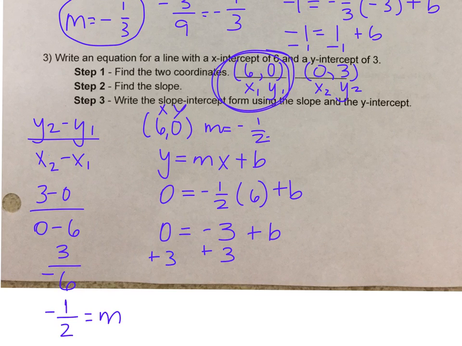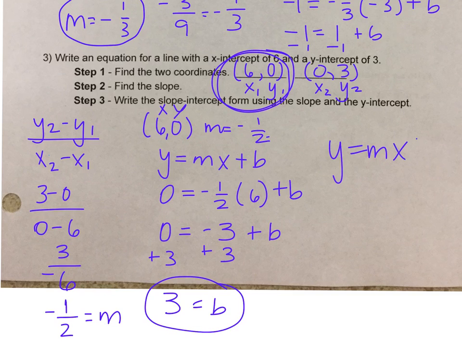Add my 3. Now I have a b. Now I can put that information in and get an equation that I can graph. Y equals, my m is negative 1/2 x plus 3.